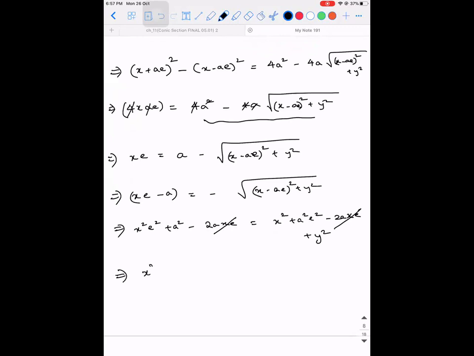Which implies, collect all the x square terms: x square into (1 minus e square) plus y square is equal to a square into (1 minus e square).